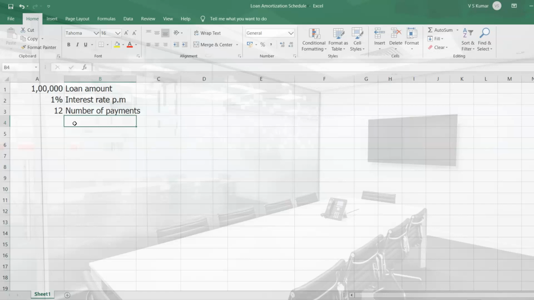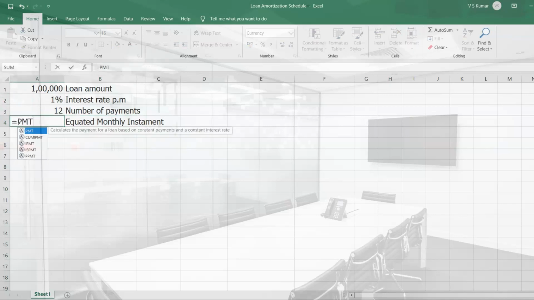In such a case, the equated monthly installment will be calculated using the PMT function of MS Excel.